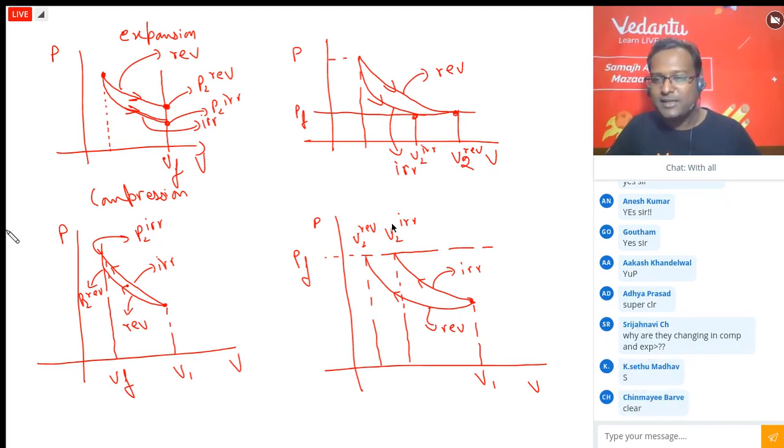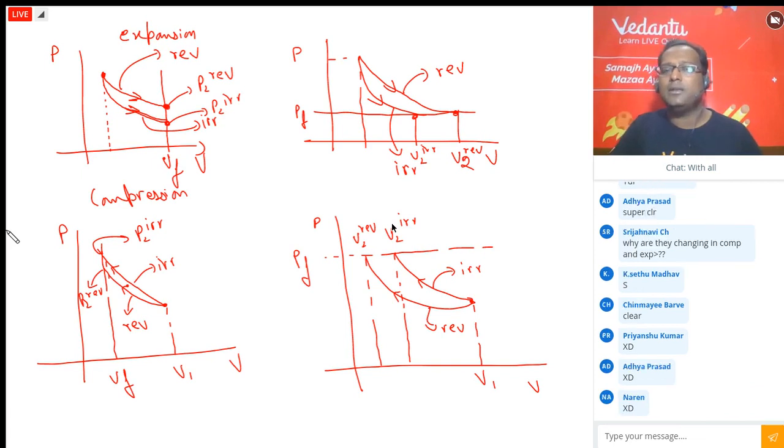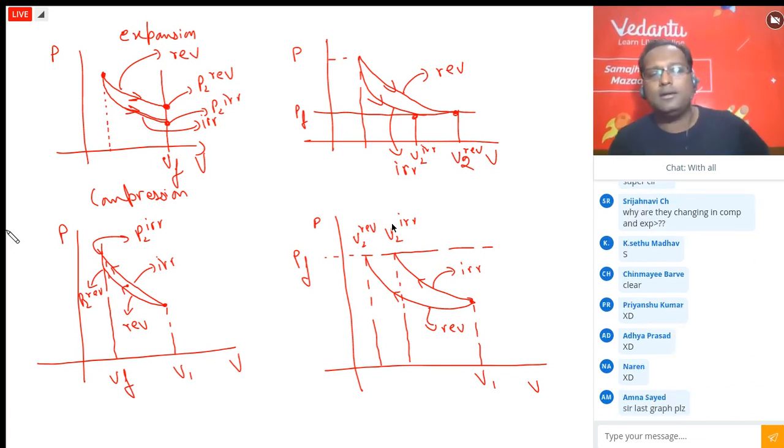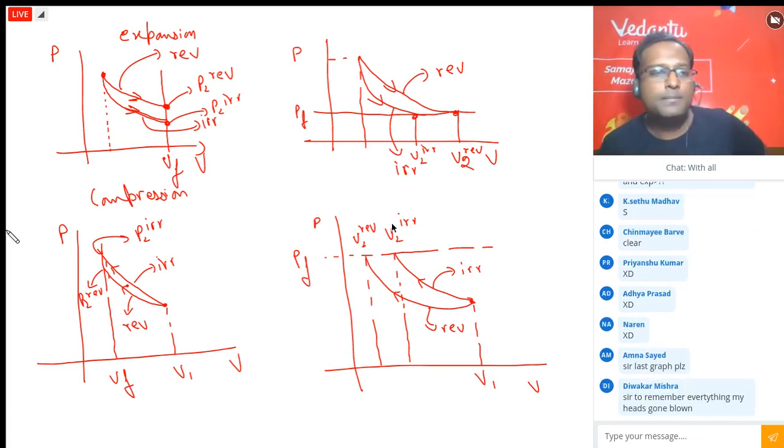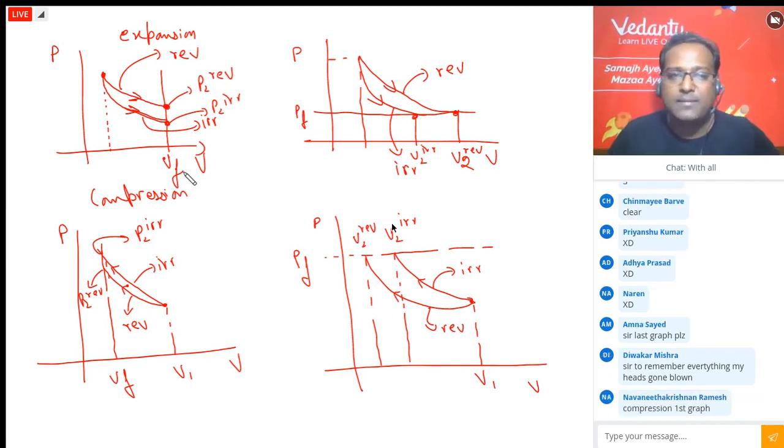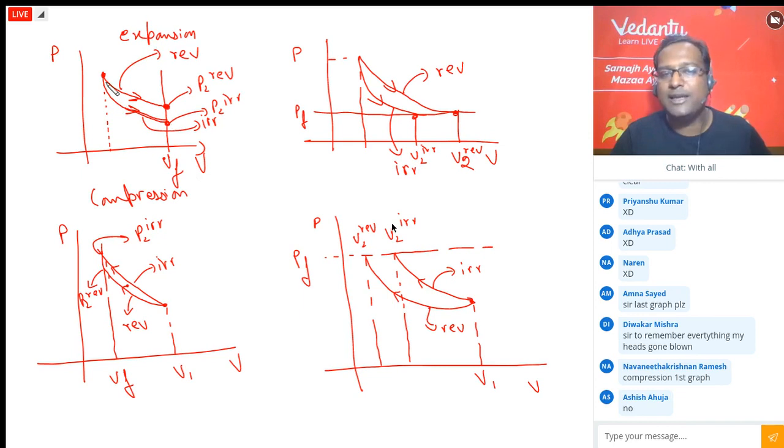Why are they changing in compression? They are because, now how do I explain, because of the slope. No, not because of the slope. Actually speaking, okay, I'll tell you. Actually speaking, will the irreversible graph have a smooth diagram like this?